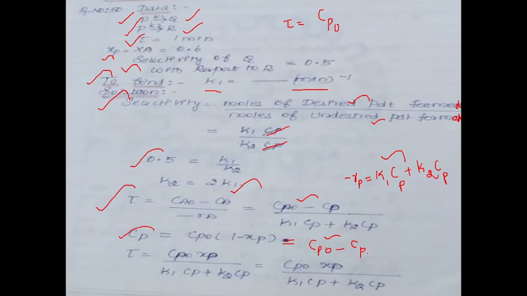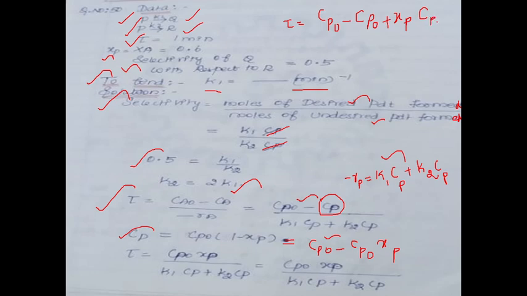So Cp naught minus Cp naught into Xp. Substitute this value for Cp in the numerator. Minus of this value means minus Cp naught plus Xp into Cp naught.